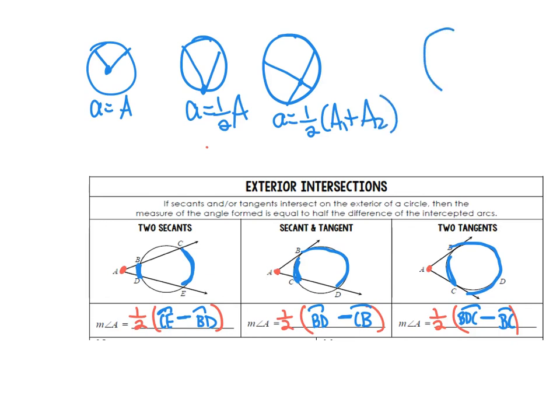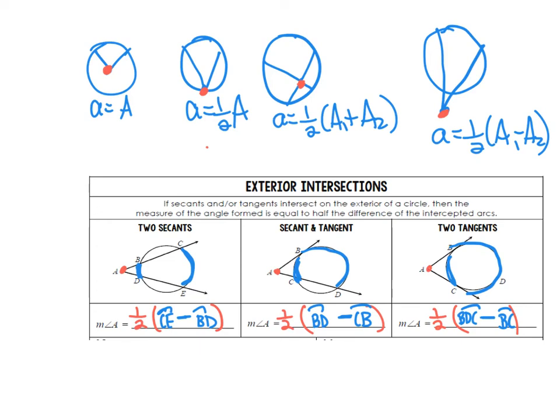Now we have something very interesting. The angle is formed outside the circle, and the angle is equal to 1/2, but now it's arc 1 minus arc 2. Let me show you the angles that we're looking for in red. This one will be in the center, on the circle, somewhere inside, and somewhere outside.